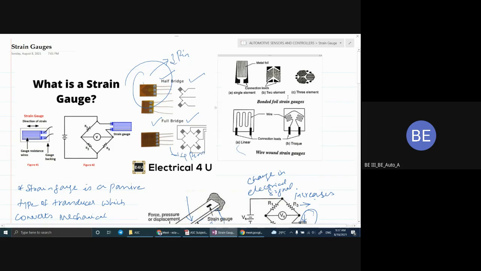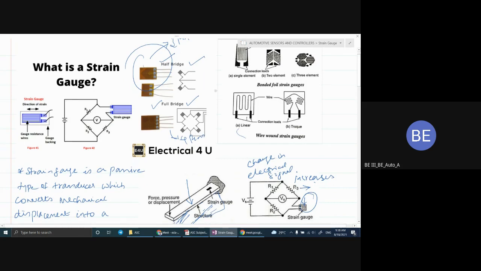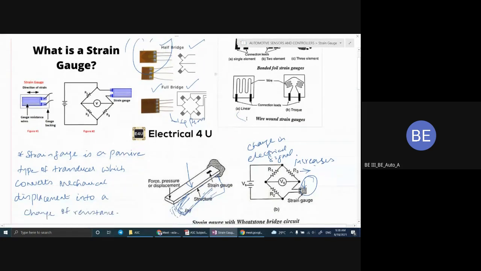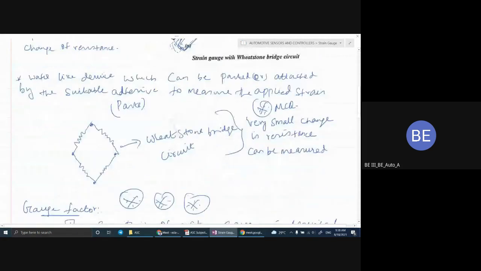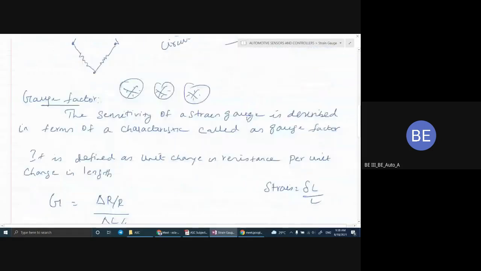The grid pattern inside this element maximizes the amount of metallic wire, and the strain applied will be in a direction parallel to the metallic wire. The grid is bonded to a thin backing called carrier.